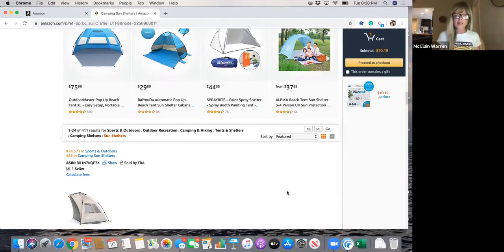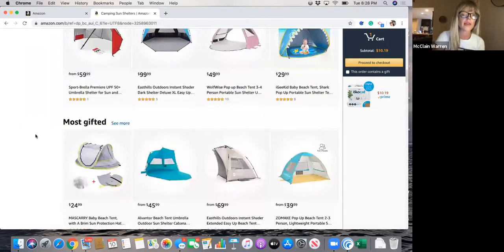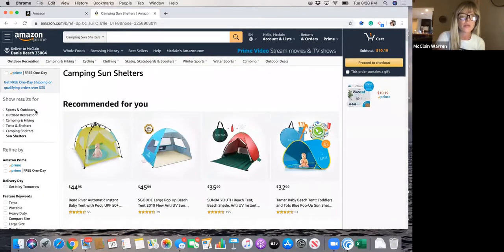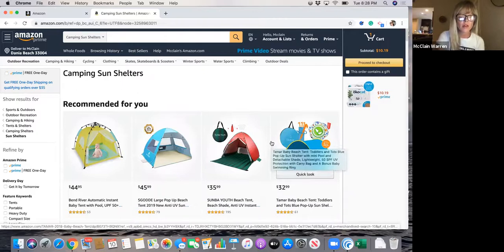Now, to be clear, it doesn't mean that words can't go across subcategories. Of course, the word baby or sun shelter and stuff like that can be used throughout toys and games, baby, and sports and outdoors. The point is that you need to make the decision, where do you want to be placed? How saturated do you want the competition to be?